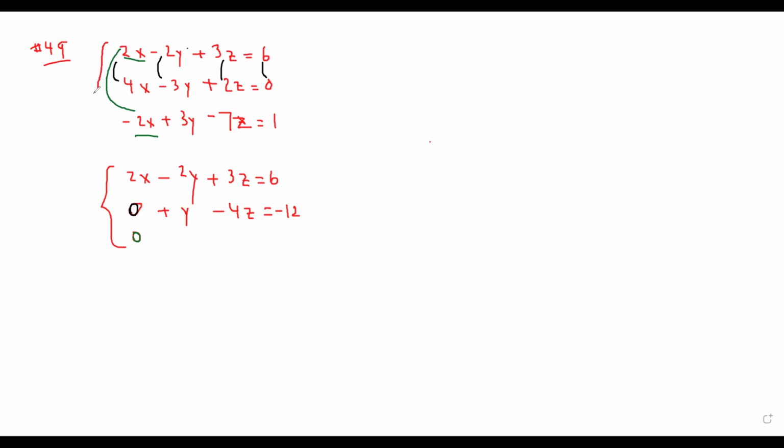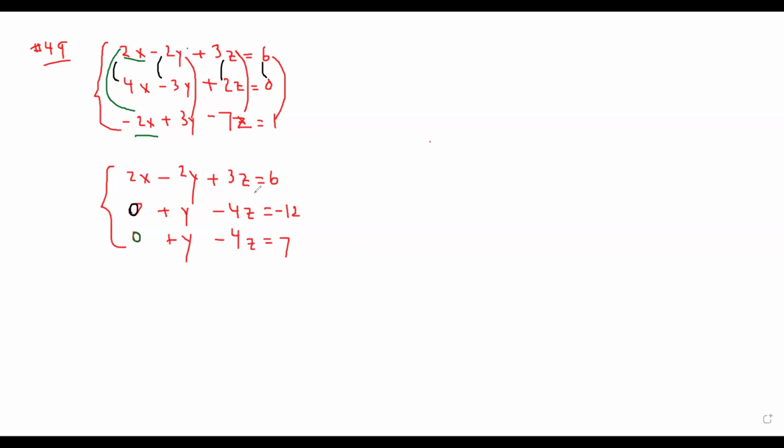So I'm going to be adding minus 2y and 3y, so that'd be plus y. And then also minus 7z and 3z is going to be -4z. And then on the other side, we have a 6 with a 1, which is 7.